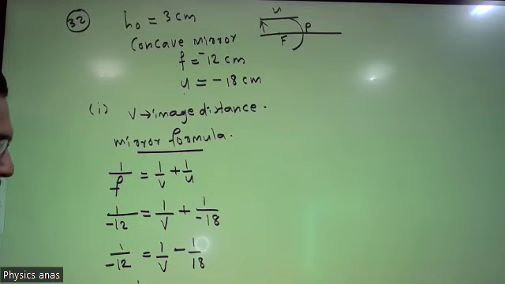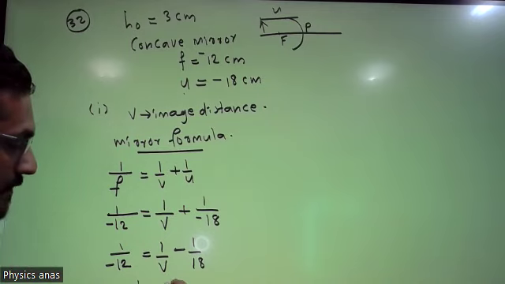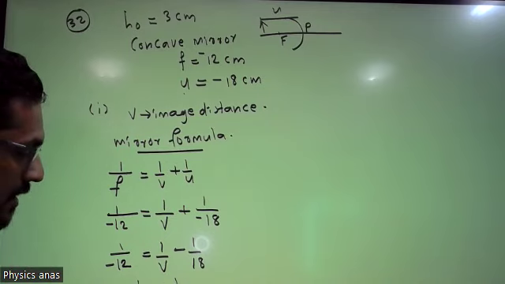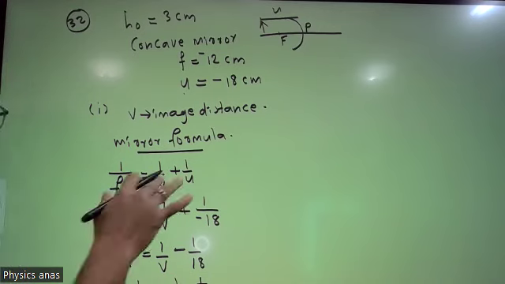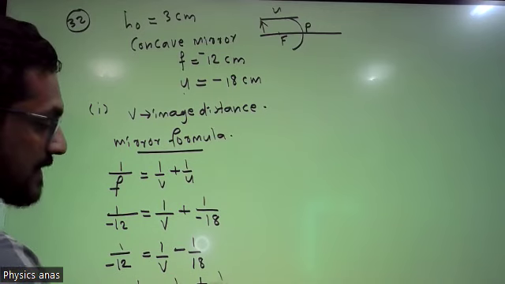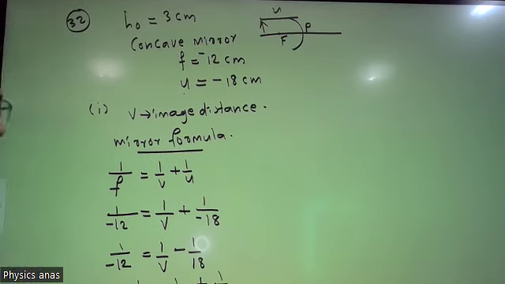If you want 1 by v, take the minus 1 by 18 to the other side, and it will become plus 1 by 18.